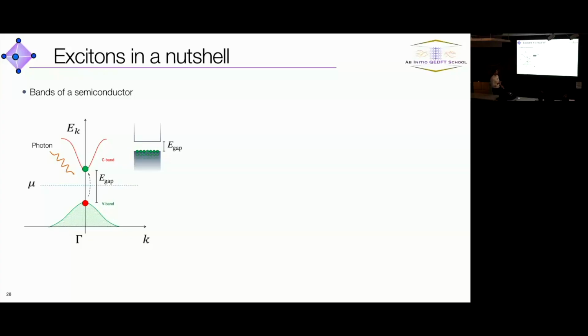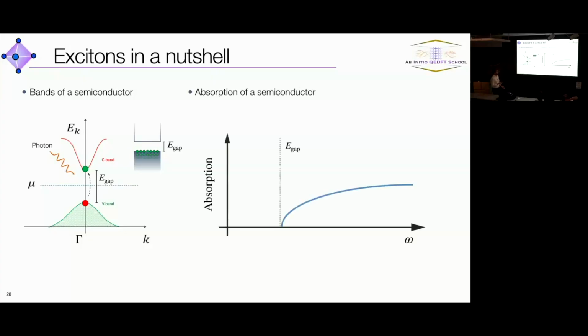Fine. But then you would guess that the energy required to do this transition is proportional to the gap. So you would argue that if you do an absorption experiment, the absorption will start only if this energy of the gap is available. But if you do that, in reality, it's not like that. In fact, especially in two-dimensional materials, you start getting in-gap states that should not be allowed according to this picture.